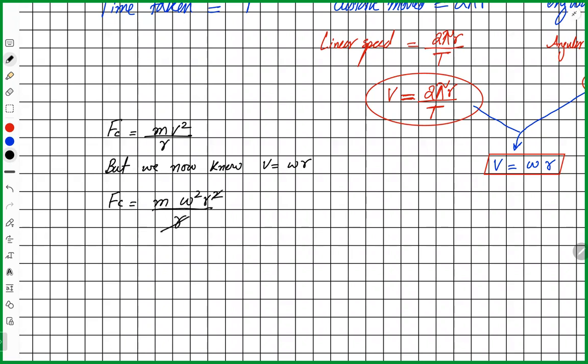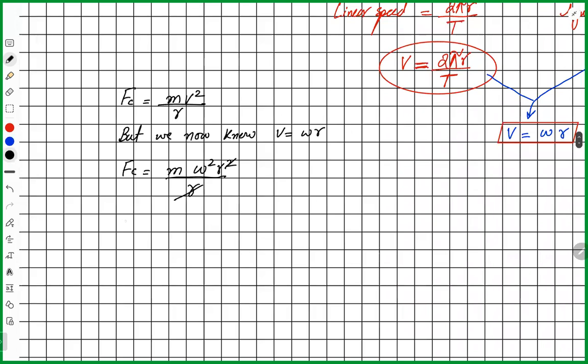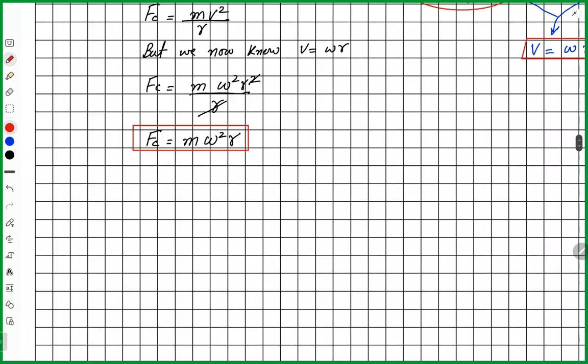So one r cancels with one r, and we have a new formula for centripetal force, m omega square r. And if we believe that F equals ma, so Fc equals m ac, we can see that centripetal acceleration is omega square into r.